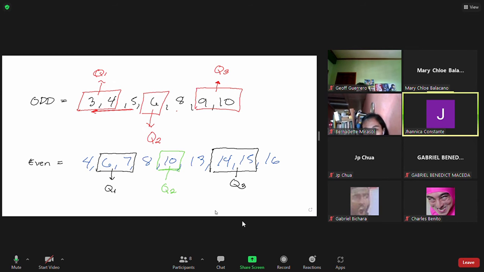So let's proceed. Yes po, it's always 25%: 25% of your quartile 1 and 25% also of your quartile 3.